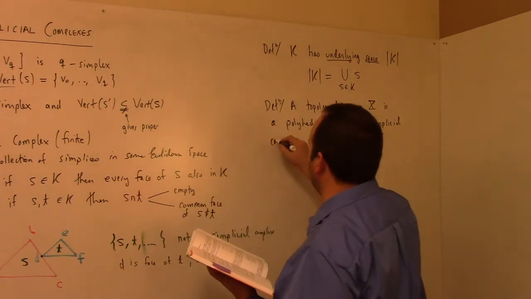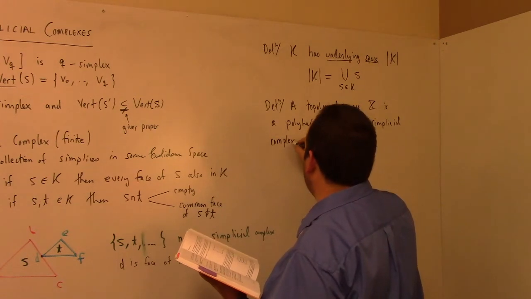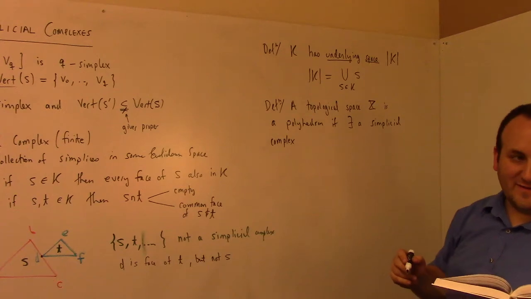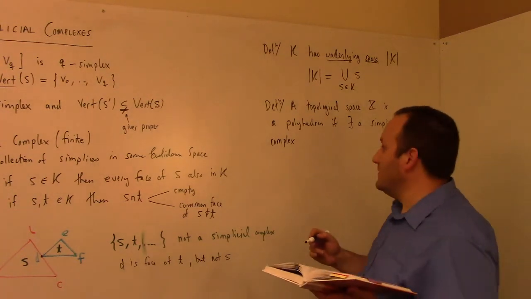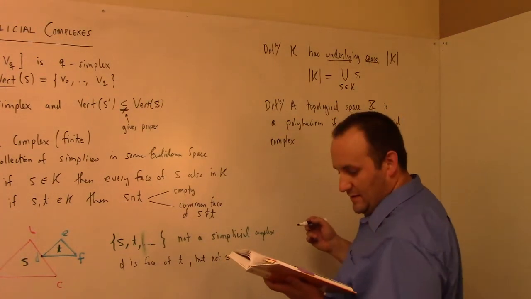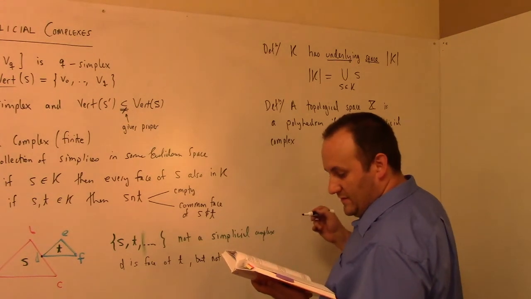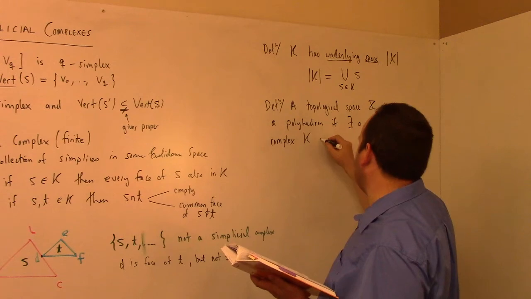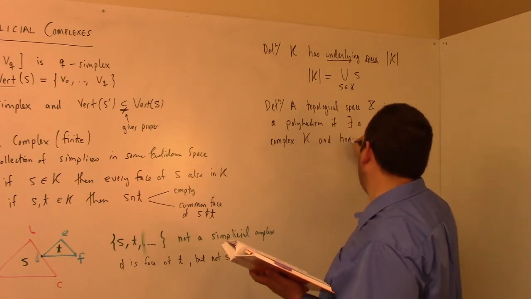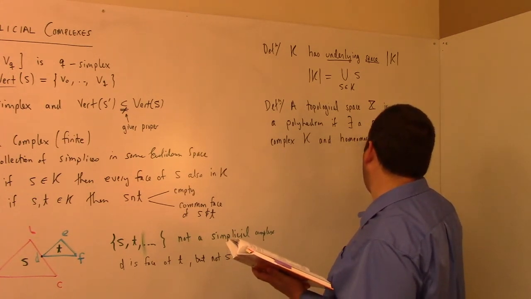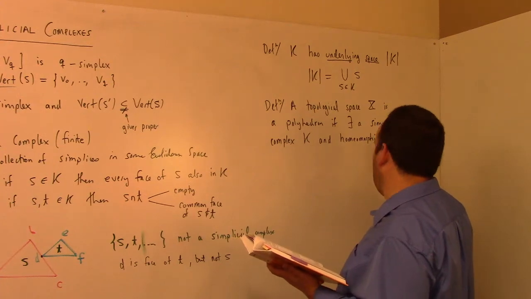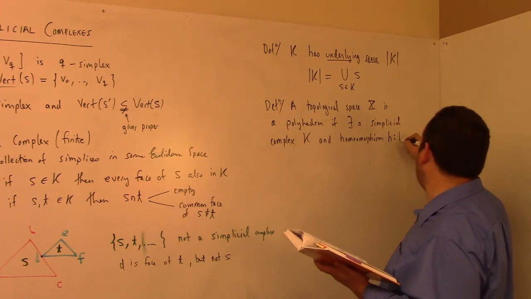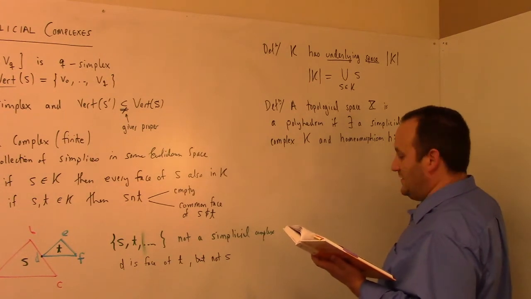Let it be understood that all our simplicial complexes from here on out are finite. We're not going to say finite a billion times in this chapter. A simplicial complex K and a homeomorphism H that goes from the underlying space of the complex to X.